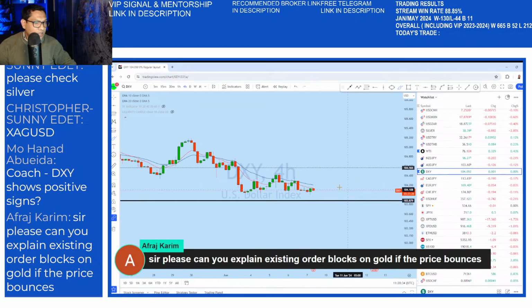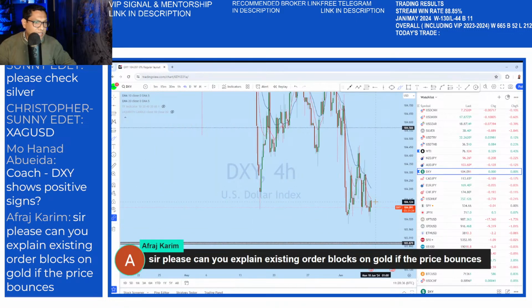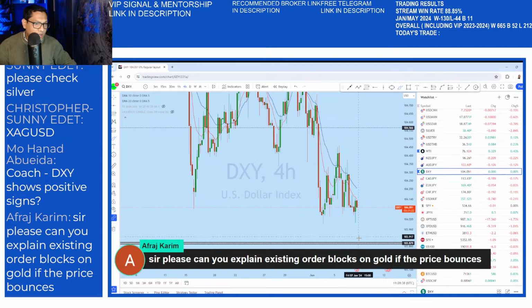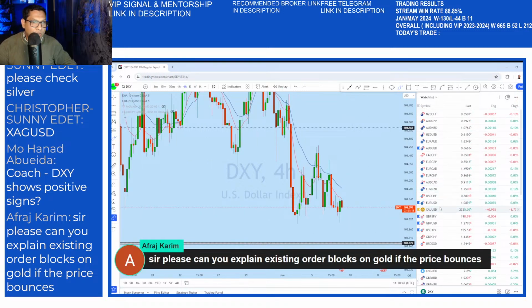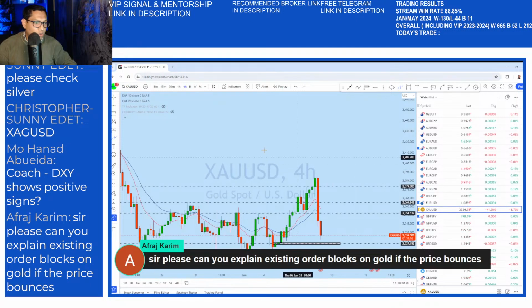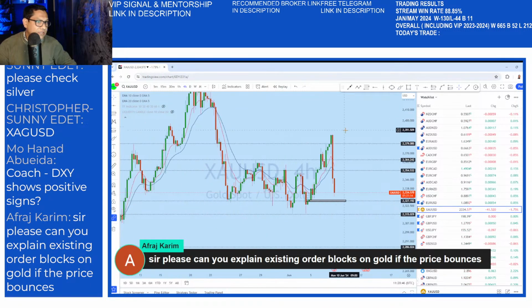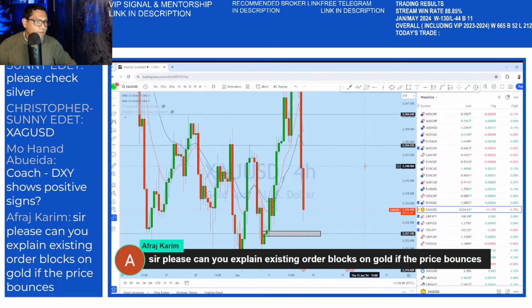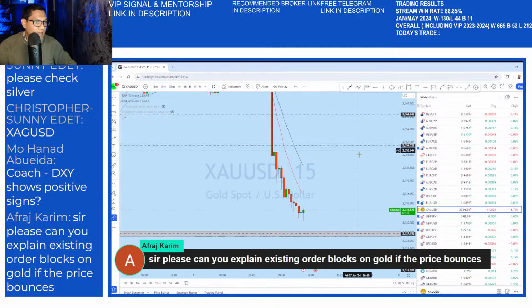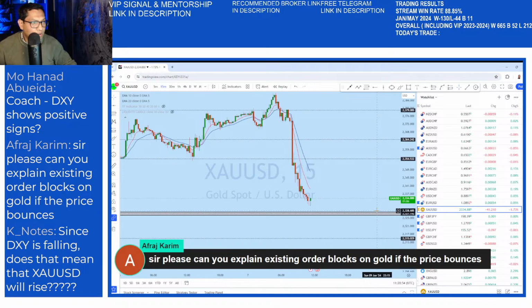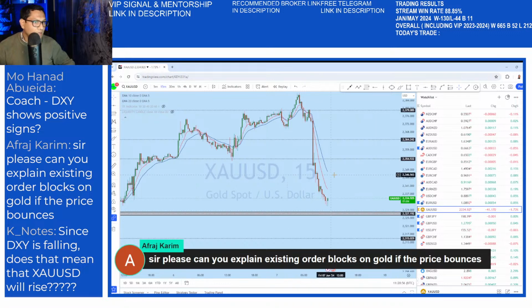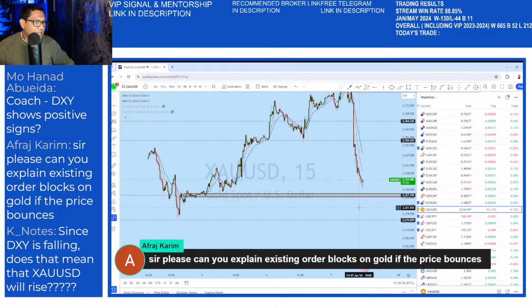Therefore, because we see the potential for DXY to drop further, let's see how it might be impacting gold. We can see that gold is still to the downside locally. And okay, so order block on gold: we already see the price on an order block.